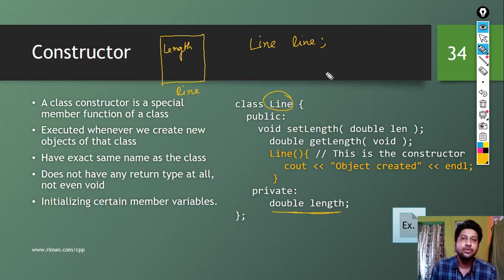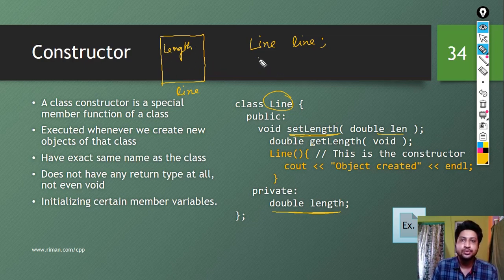Now we don't know any mechanism with which we can initialize the data members or instance variables of this particular object at the time of creation. So there is no way so far that we have learned. What we used to do is use a setter function, set length, and we send some value to this function and set the value of this particular object.